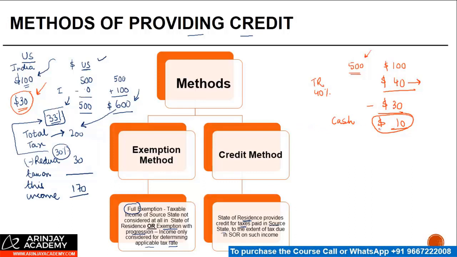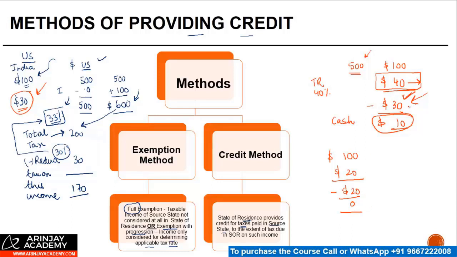This credit is generally restricted to the amount of tax which is payable in the state of residence. What this means is, if on this $100 the tax rate to be applied was 20%, and therefore the tax liability was only $20, even though tax has been paid in India to the extent of 30, the credit will be available only for $20, and the tax on this income will be 0.